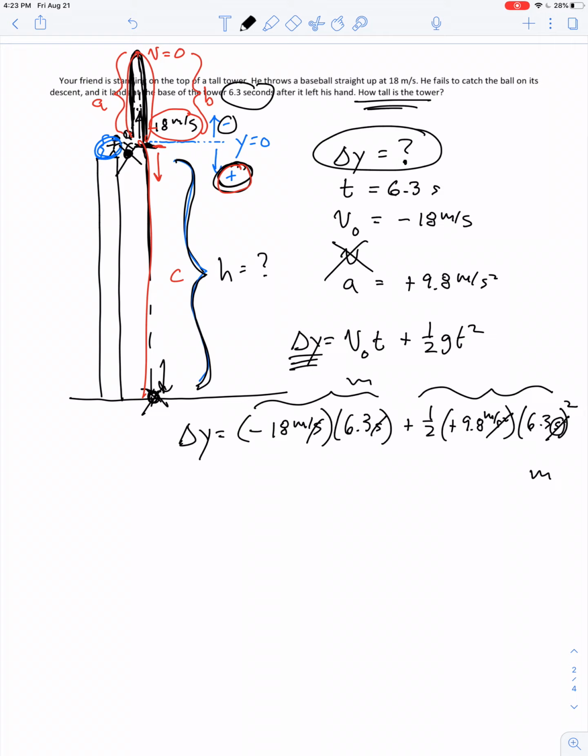So negative 18 times 6.3 is negative 113.4, and we have to combine with that 6.3 squared times 9.8, divide that by 2. So that combines with positive 194.5.